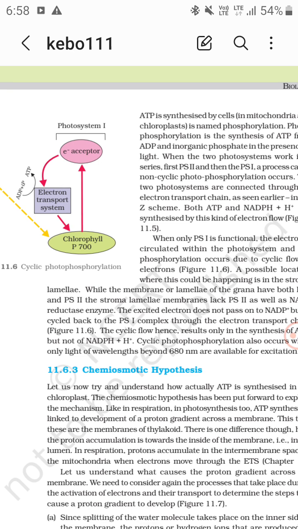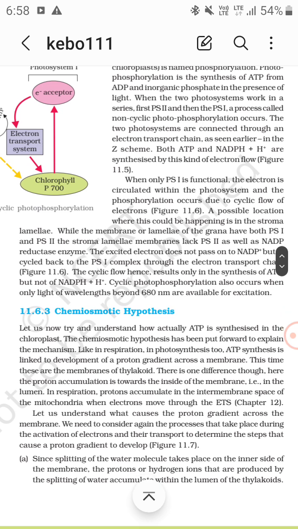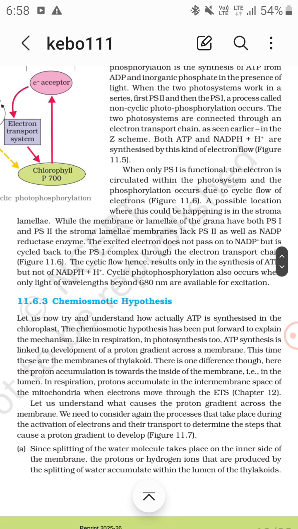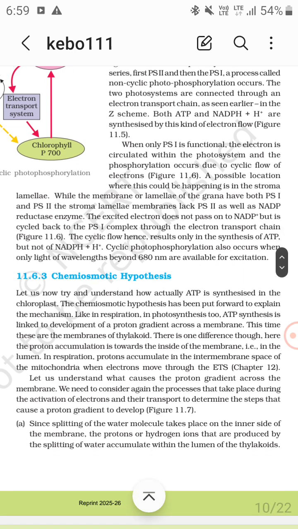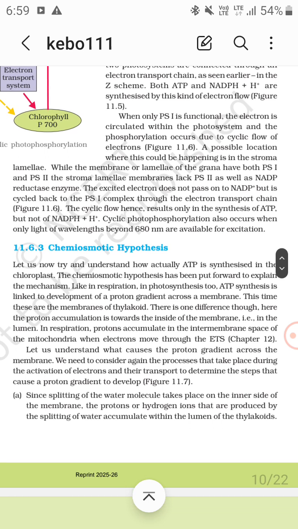And I also told you, while the membrane or lamella of the grana have both PS1 and PS2, the stroma lamella membrane lacks PS2 as well as NADP reductase enzyme.